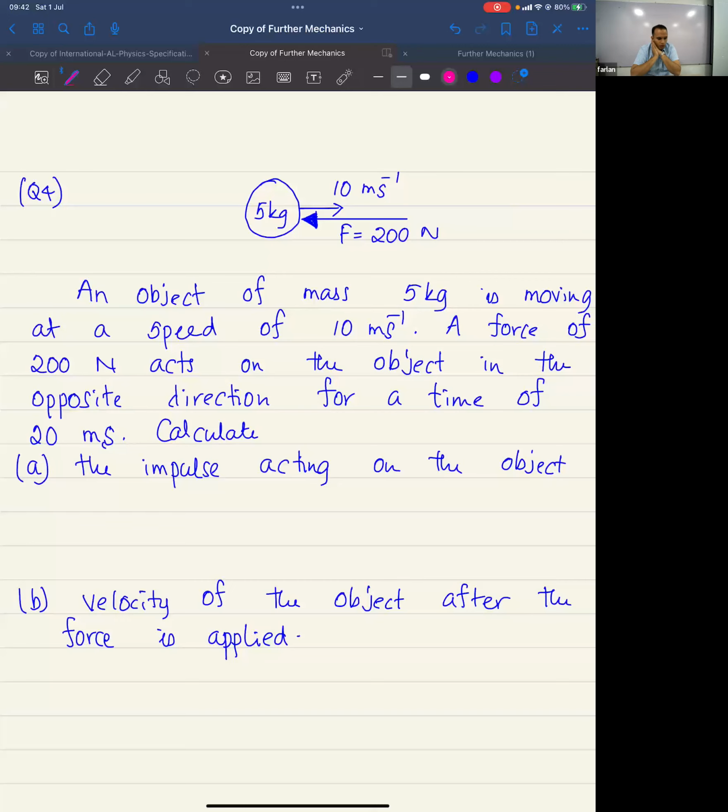A force of 200 newtons acts on the object in the opposite direction for a time of 20 milliseconds.